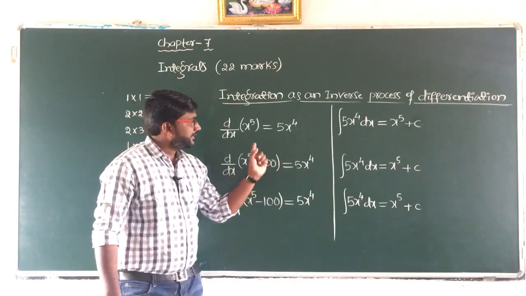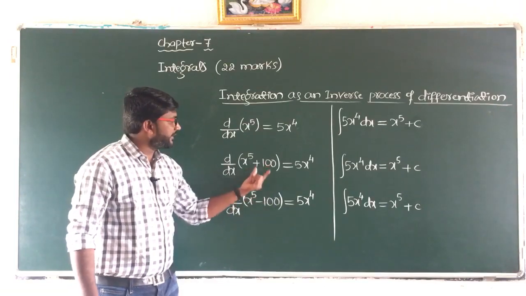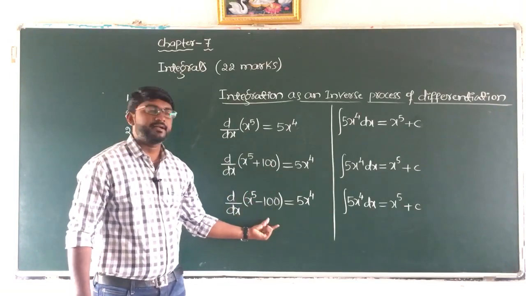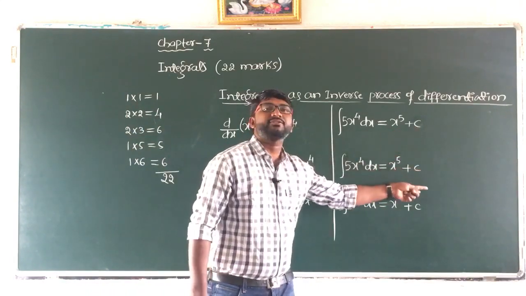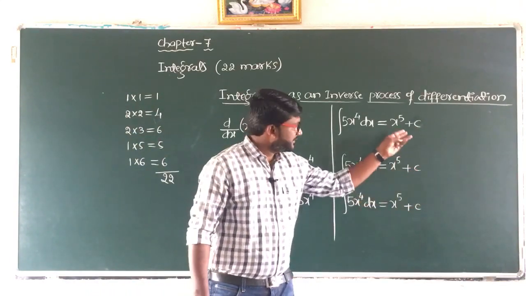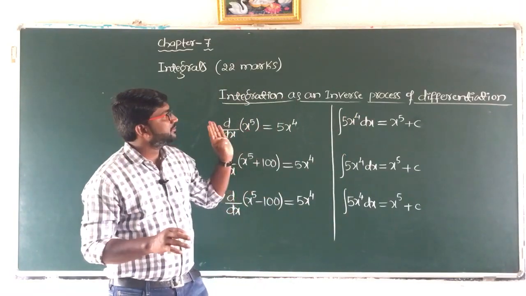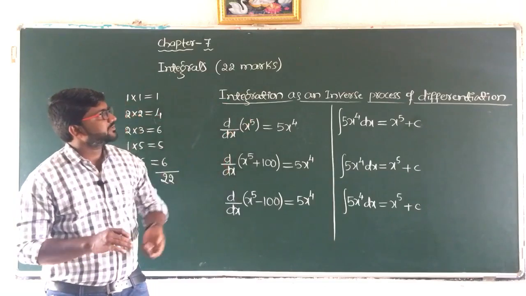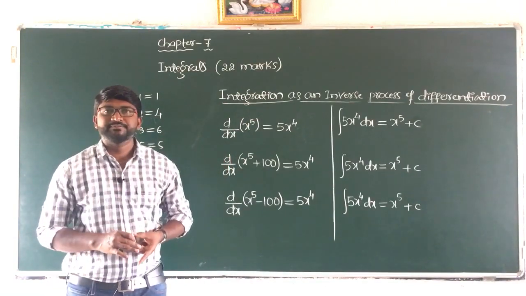In the second case the c value is 100. In the third case the c value is minus 100. So this is the significance of c. Here c is the arbitrary constant. This is all about integration as an inverse process of differentiation. So pause the video to note it down.